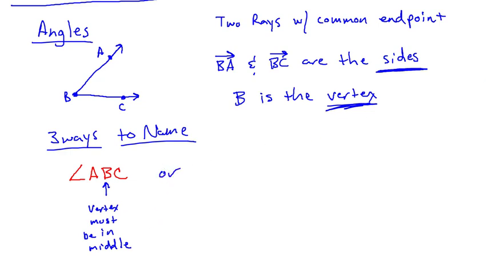We can also just call this angle B. Okay, so we look over here at this angle, it's angle B. Now, we can only do this, and it's important that you make note of this, only if no other angle has the same vertex.